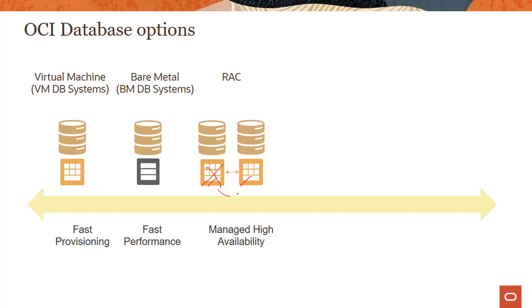The instances themselves don't fail over because they are just processes on each server that access the same data. Oracle database is available from any of the nodes in the cluster. The shape we have here is a two-node VM RAC, but this is a managed offering, and it's available out of the box for you to leverage. The idea here is you get managed high availability.